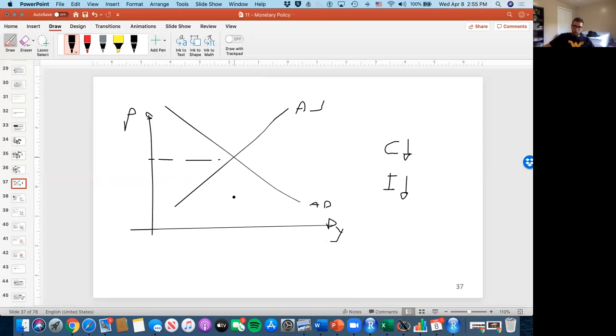So this is going to be our equilibrium. Aggregate demand decreases. Price level in Y, output level in Y, right? If I move here, what happened to the output level? Decreases.